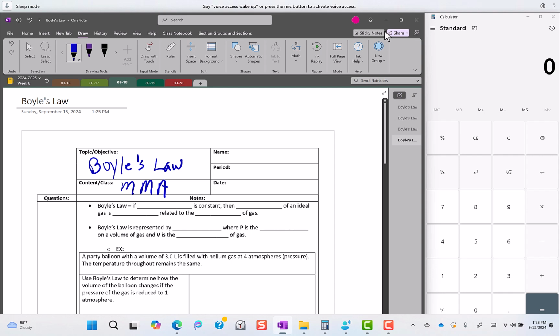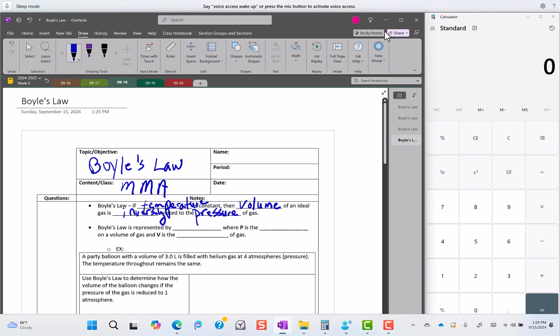Okay, so Boyle's law says, if the temperature is constant, so the temperature is not going to change, then the volume of an ideal gas is inversely related to the pressure of the gas.